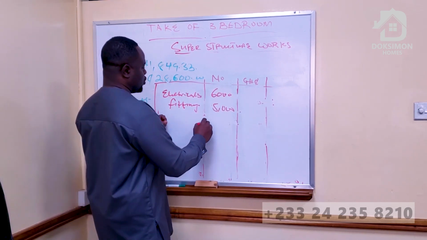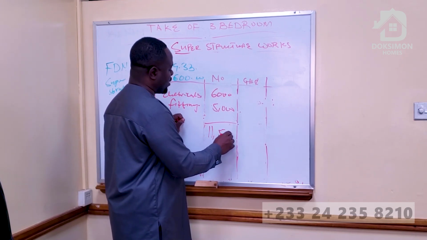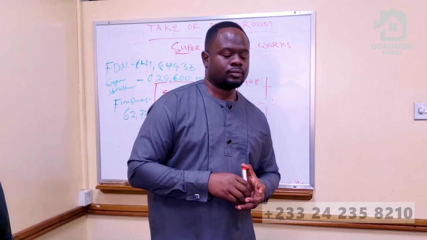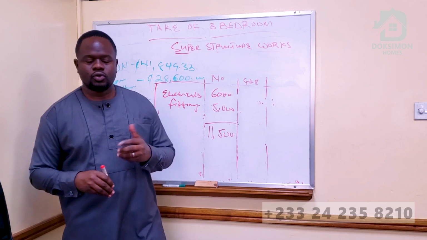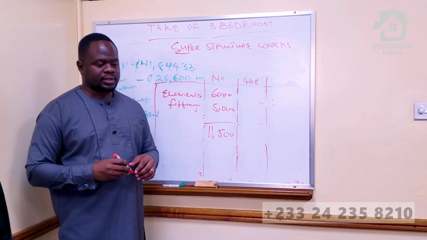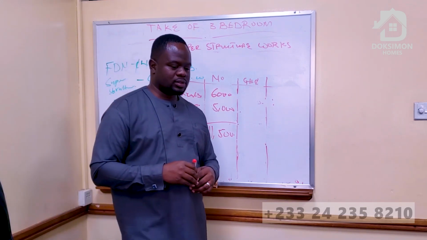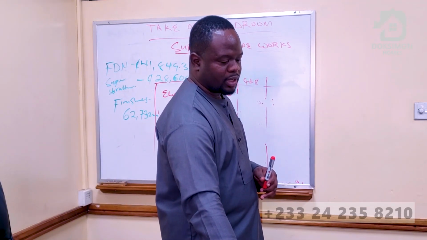Okay, so in all, with 11,500 Ghana cedi, you should be able to have your lighting working. We have a lot in the system now. We have good ones with good prices.